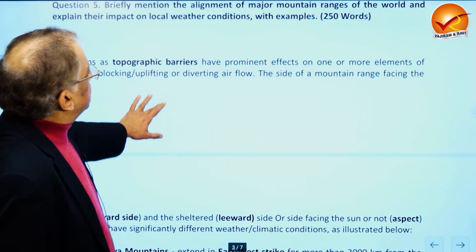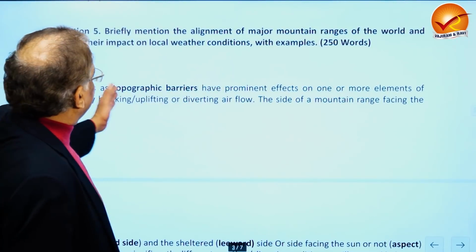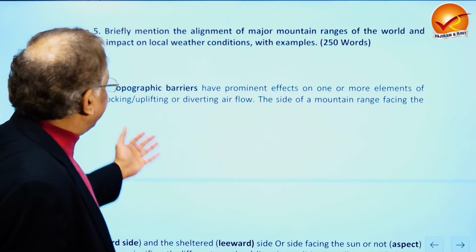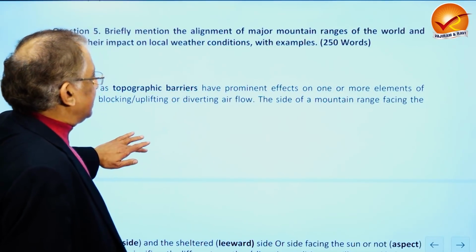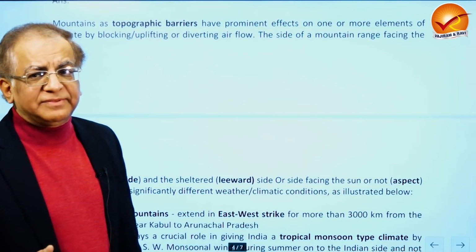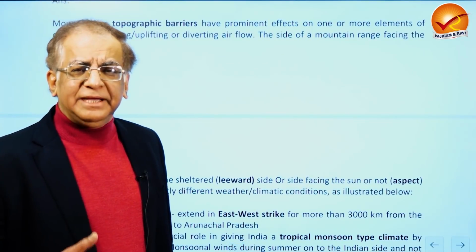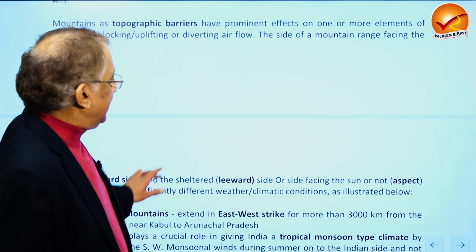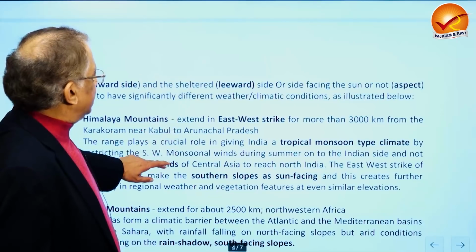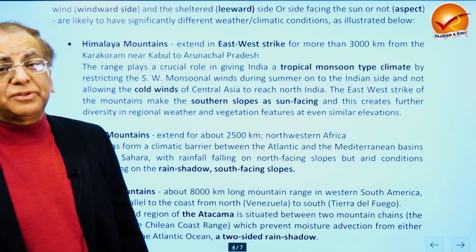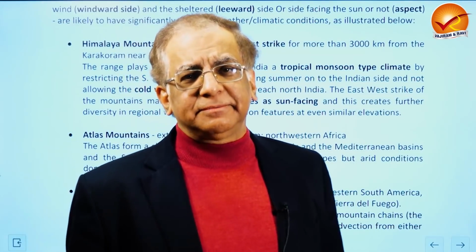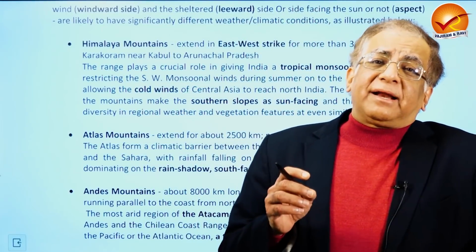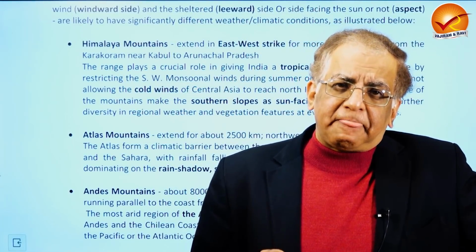First you go with the question's requirement right from the very first sentence, that mountains are acting as a topographic barrier, and then you tell the importance of this alignment in terms of the weather and climatic influences, and having given that point, then you go for the illustrations as demanded by the question. So this is what I meant in the beginning when I said, write what is being asked.